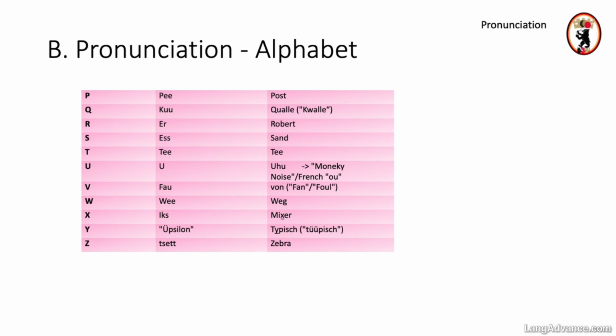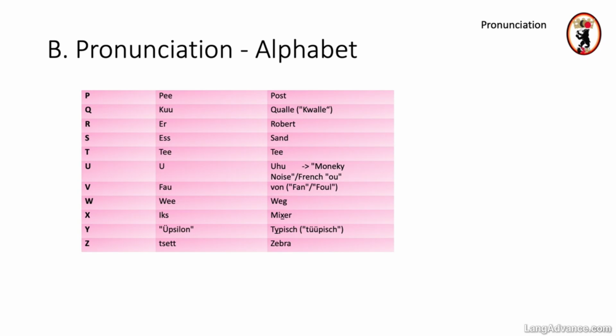R. If you cannot get yourself to make this noise, you're in good company. A lot of Americans can't pronounce it. And then if you can roll the R instead, that is something that you can do. In Bavaria, they roll the R.